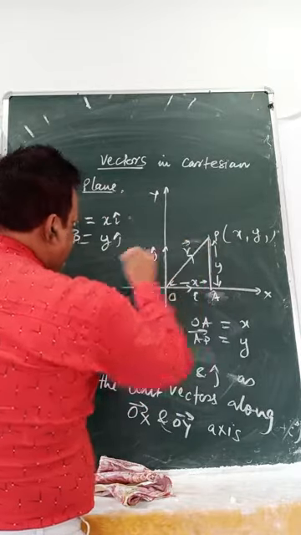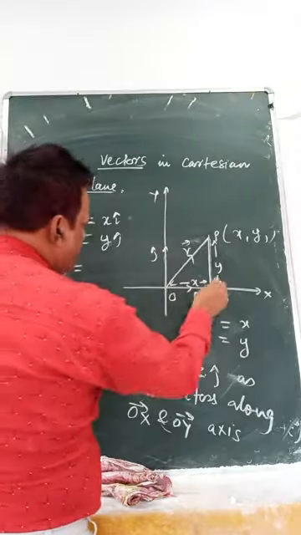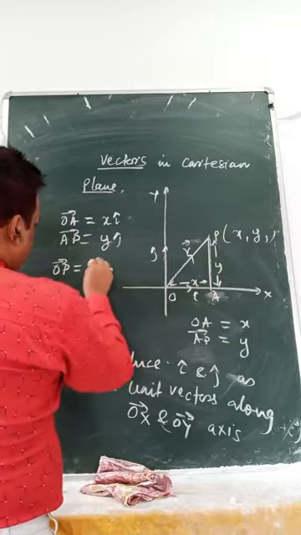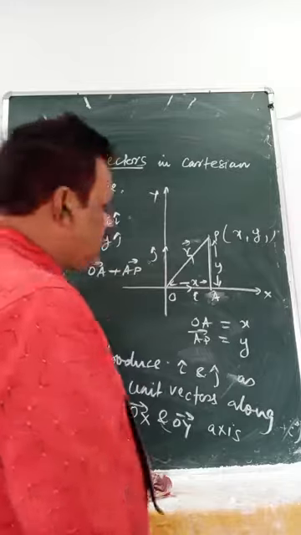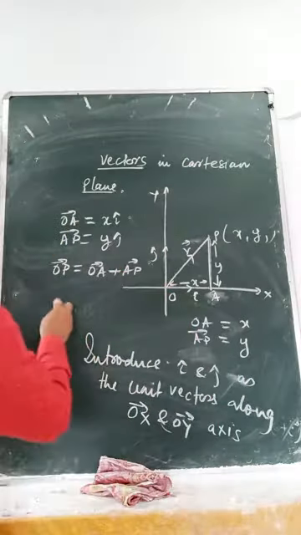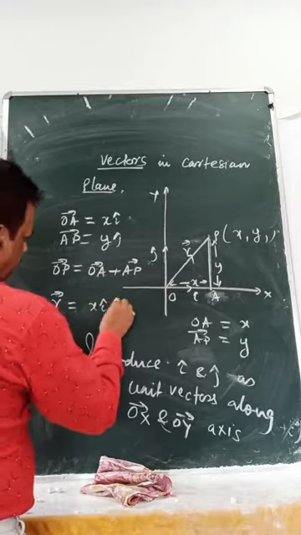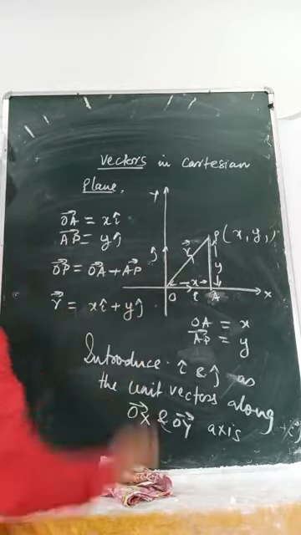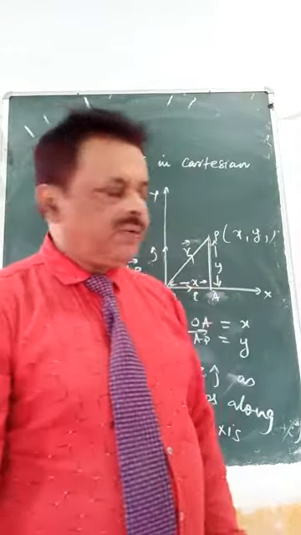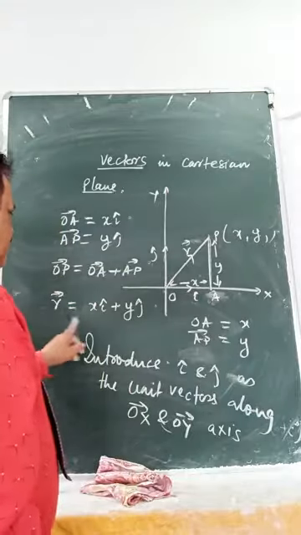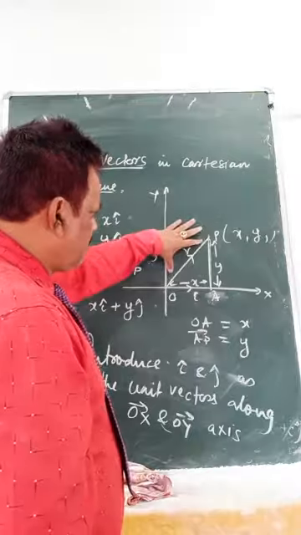Now vector law of addition. Suppose this is our vector. OP equals to vector law of addition OA plus AP. Then if I write this is your R vector, then that is xi plus yj. Got the point? Now look at, if this is the R vector, what is the magnitude of OP?